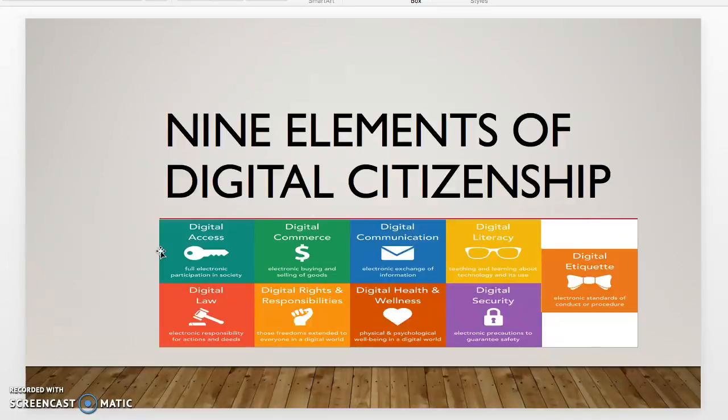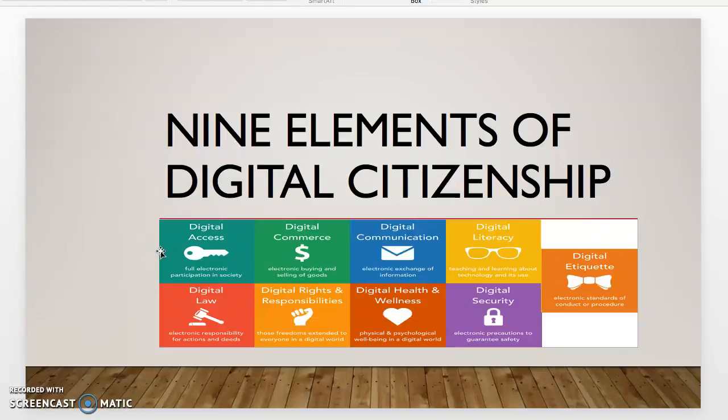We have digital literacy, teaching and learning about technology and its use. We have digital law, electronic responsibility for actions and deeds. Digital rights and responsibilities, those freedoms extended to everyone in a digital world.